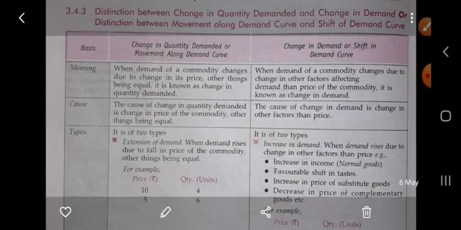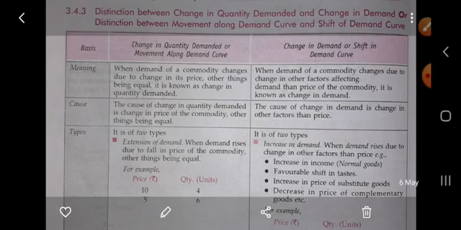It is because of a change in factors other than the price of the good. In change in quantity demanded, we studied the relation between price and quantity demanded, but in change in demand we studied the impact of the other factors when price is constant. These other factors affecting demand are change in income, tastes and preferences, seasons, climate, population of the country, and distribution of income.